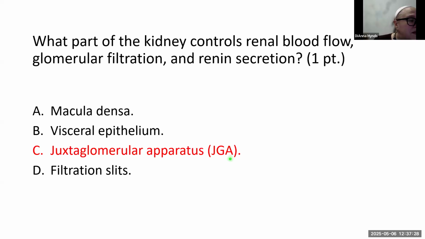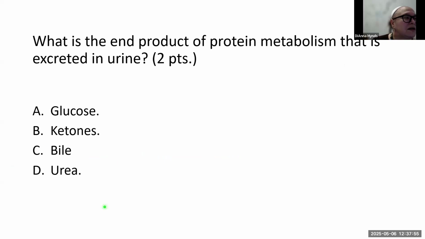The visceral epithelium is not the parietal epithelium, and it's not directly involved in filtration. The filtration slits are intracellular clefts that modulate filtration. So the best answer for controlling all three of these things is the juxtaglomerular apparatus. Okay, let's see if I can get this to move forward.